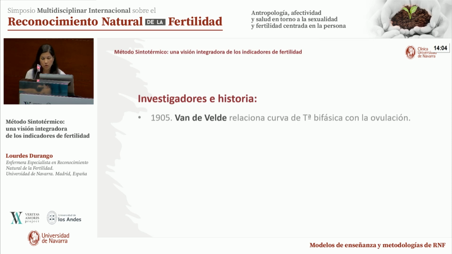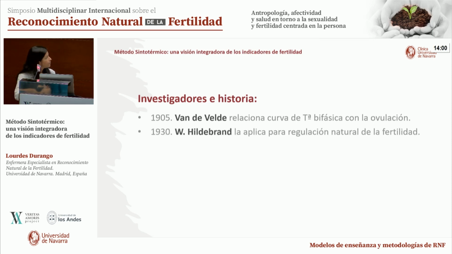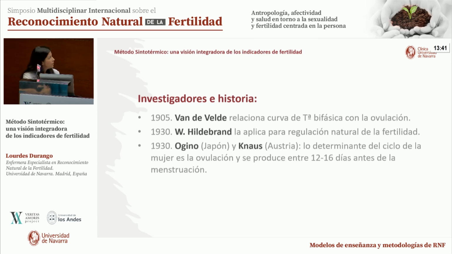In 1927, there was a hypothesis correlating those changes with ovulation. From 1930, von Hildebrand showed the couples in his parish graphs where they collected the daily temperature to space the pregnancies. He was the first professor of natural family planning.